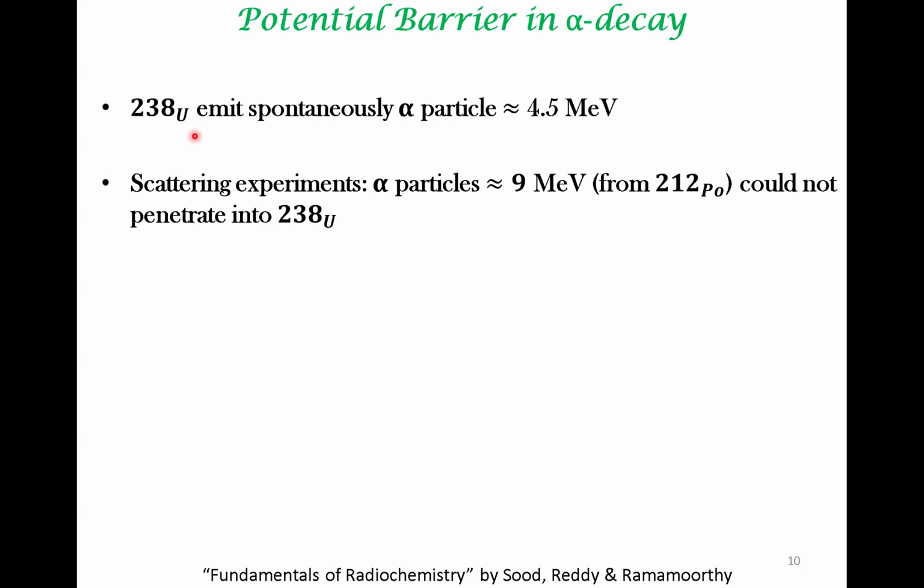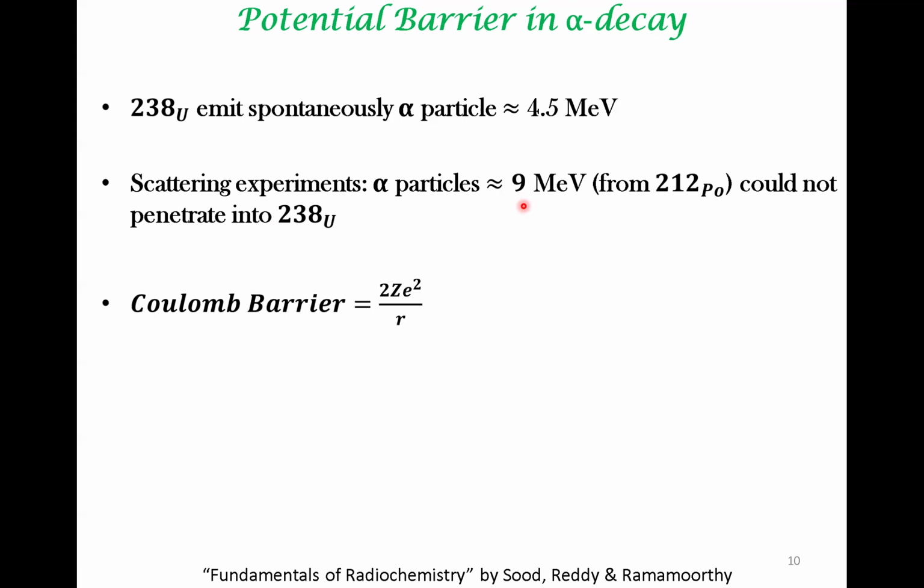Even when you have an alpha particle with this much energy, you are still not able to penetrate this. That means that the reaction barrier is at least as high as 9 MeV.